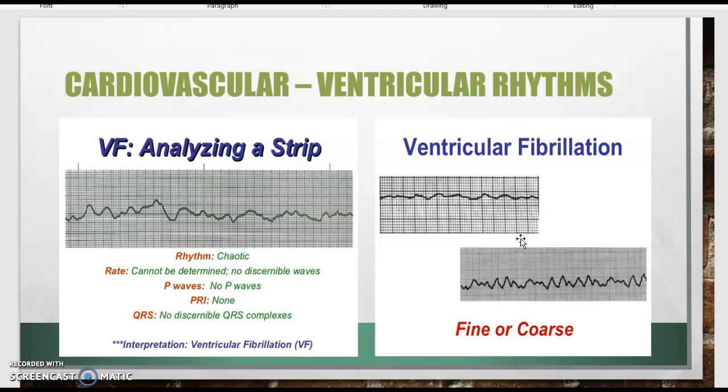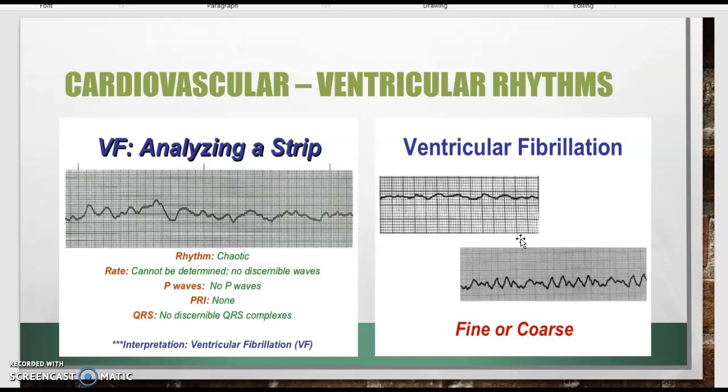So I hope this was a little helpful for you guys. And if you have any further questions, I would definitely be happy to talk to you about interpreting EKGs. This is, again, what I consider just the easy identifiable ones. And these will be the ones that will be represented if you were to have a test question on them.